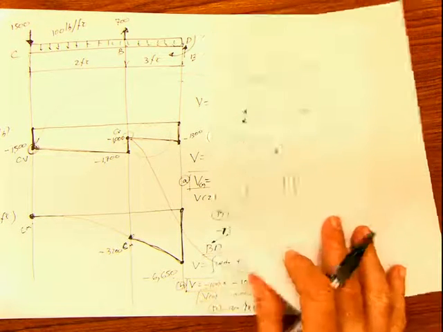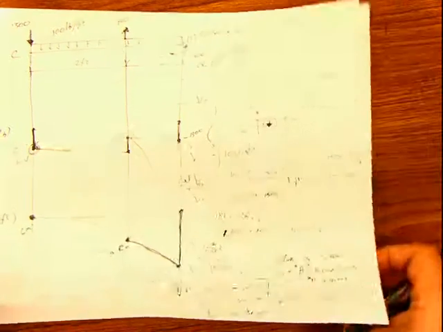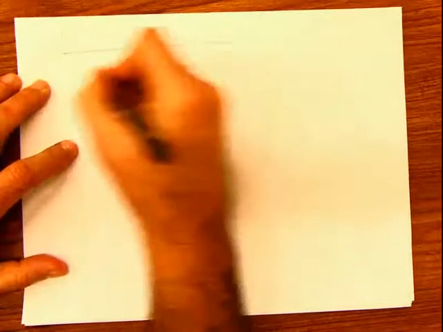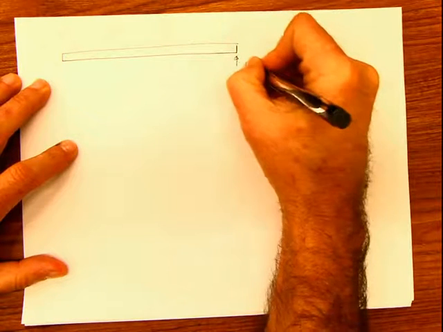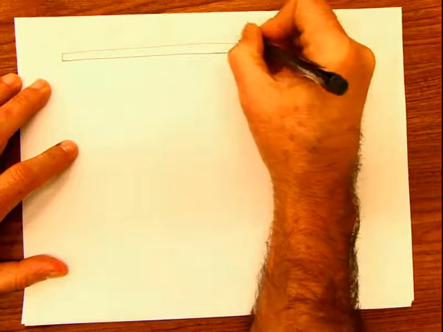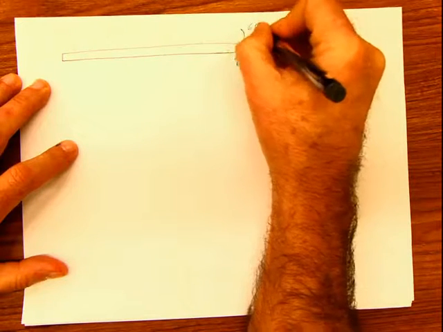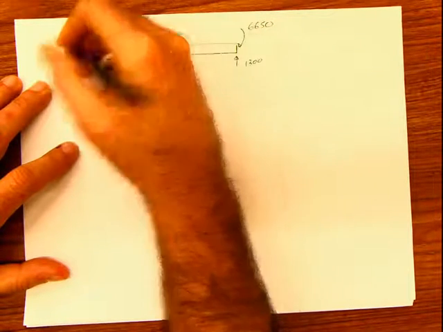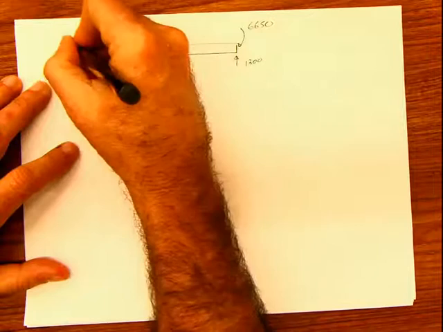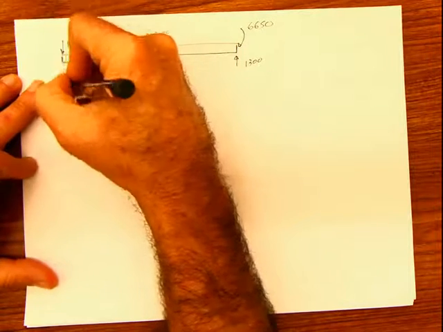We can do it really quickly with the method of the areas, because it is really quick to do. The same part. So this is what we have: 1300, 6650, 700, and 1500 here.